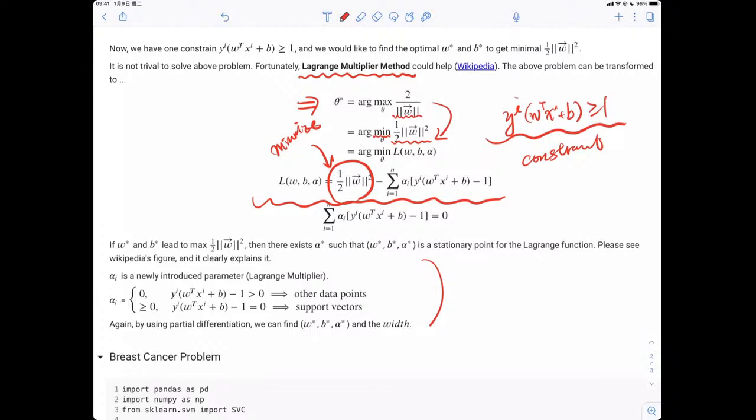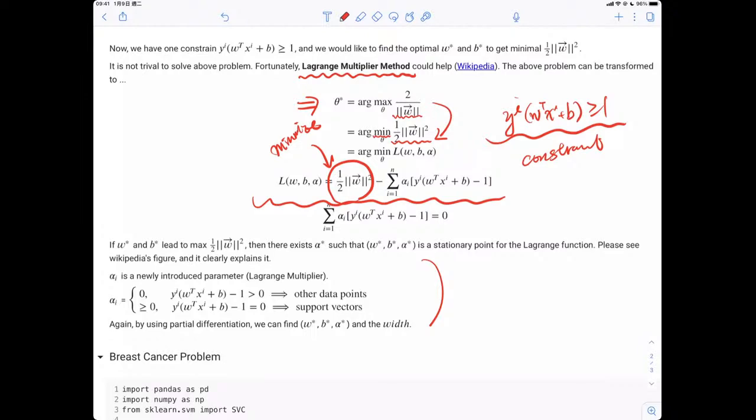In our class, the derivation or the calculation of how to find those W star, theta star, A star, b star is not that important, because we have a lot of different tools, or visualization tools, that can help us calculate those values. We don't have to find those values by ourselves.